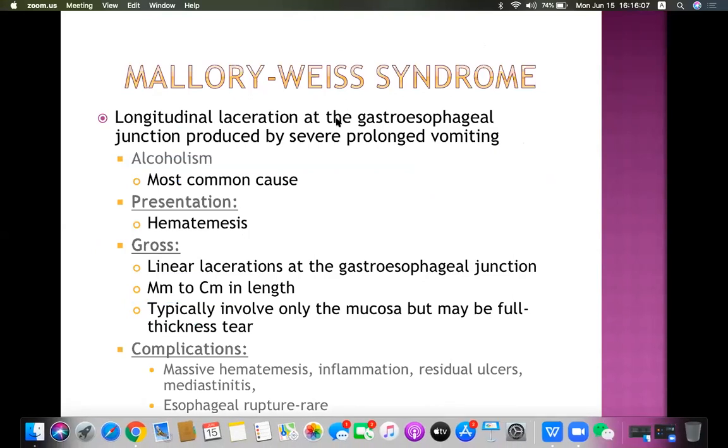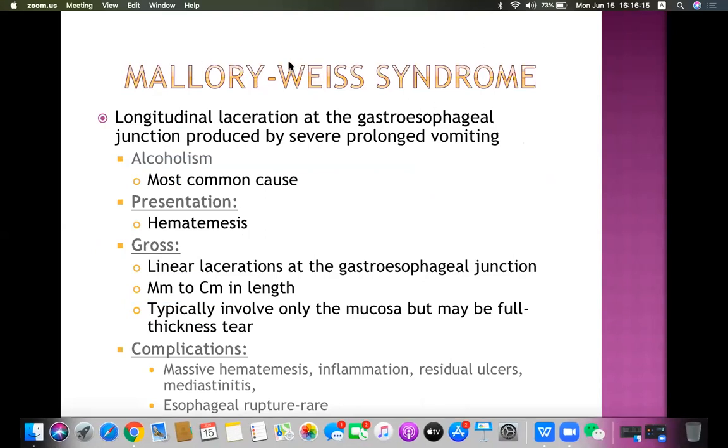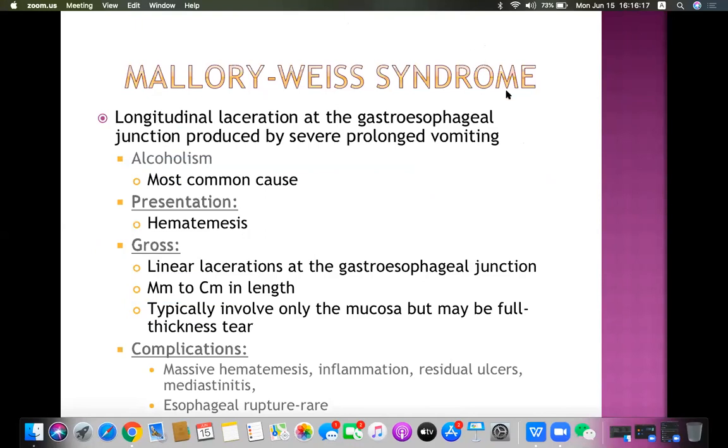Now, another condition which I would like to highlight is Mallory-Weiss syndrome or Mallory-Weiss tear. What do you mean by this? See here. A little bit of description I already gave you. This is a longitudinal laceration or tear at the gastroesophageal junction produced by severe prolonged vomiting.